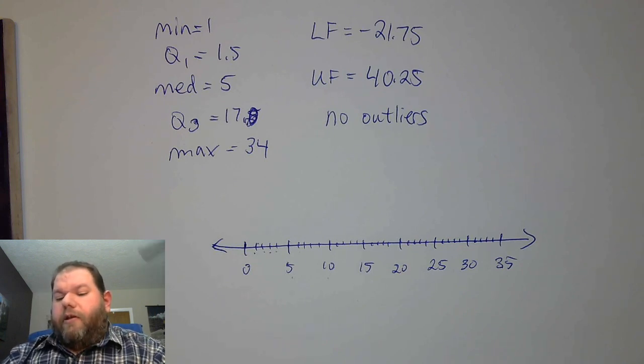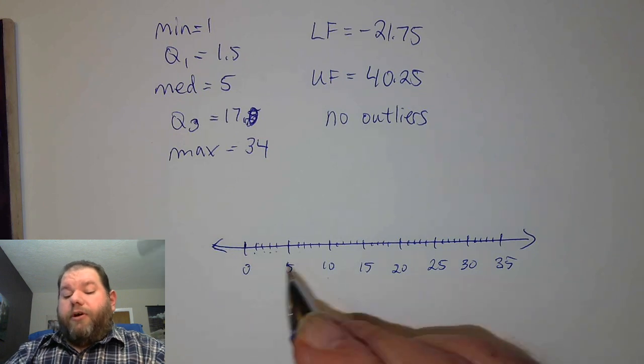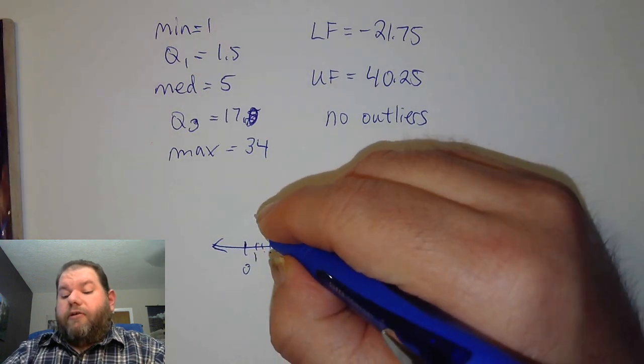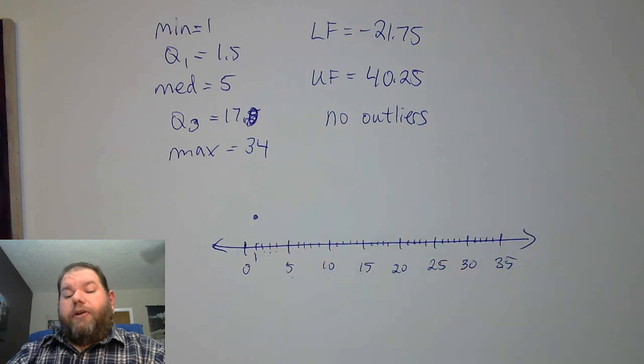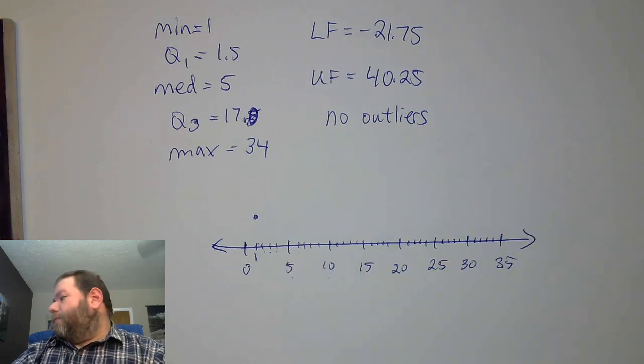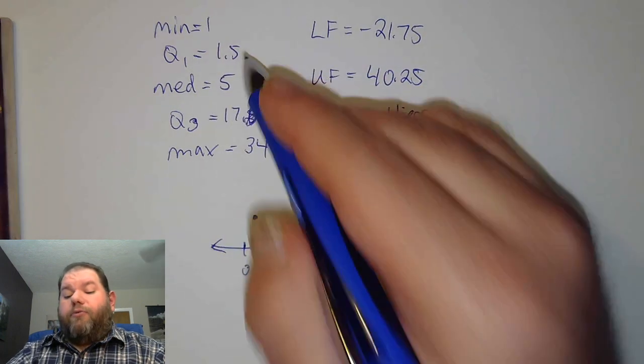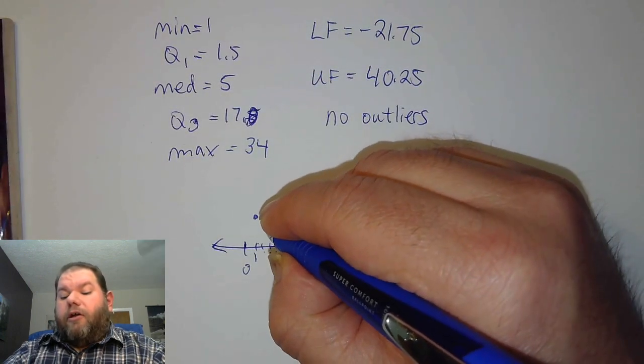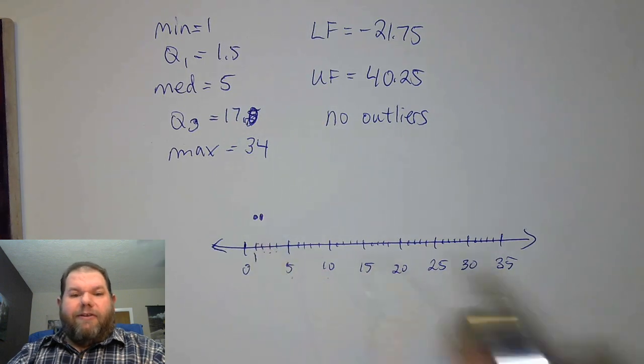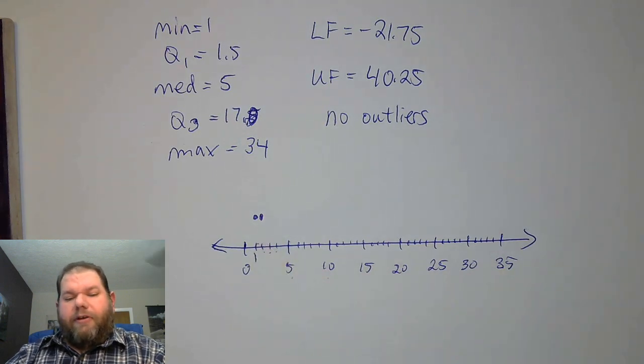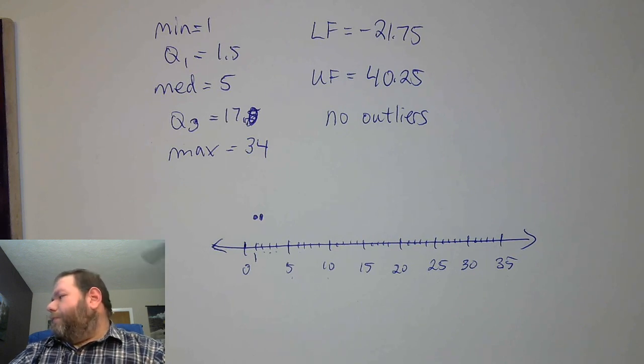Okay. So our minimum value is at 1, which is right here. So I'm going to make a point at 1. Q1 is at 1.5, so I'll make one right next to it. It kind of looks like it's at 2 though, but I can't really help it with the level of detail we have on my sheet of paper here.